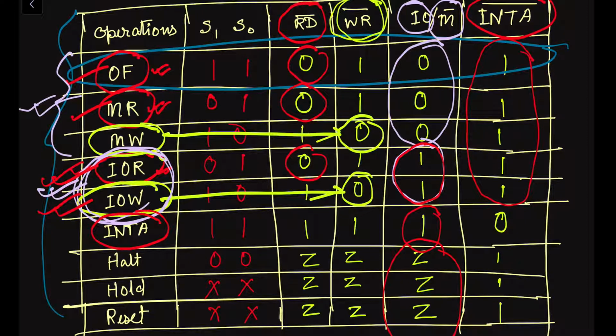Only for the INTA signal it goes low, because it is the interrupt acknowledgement control signal sent by the microprocessor. I have explained this table in detail in my previous video.